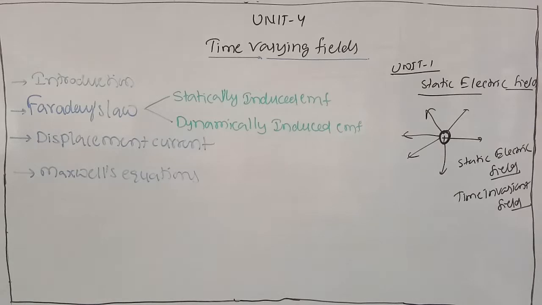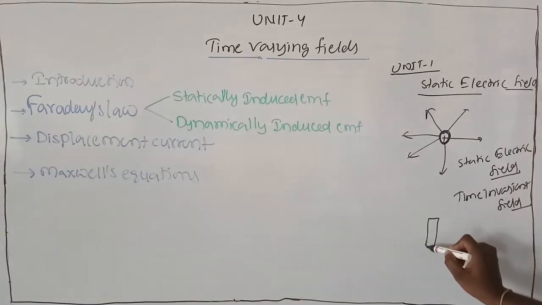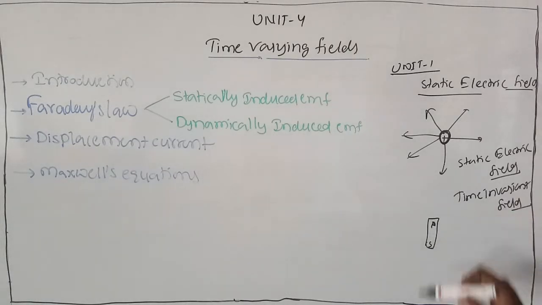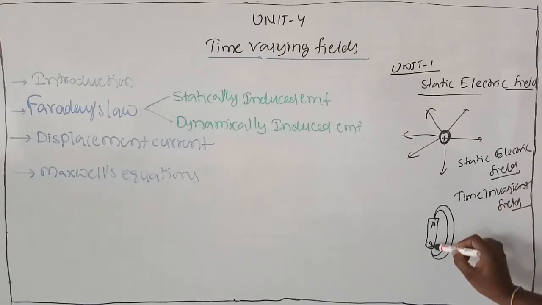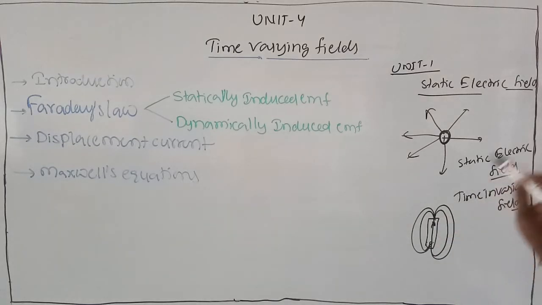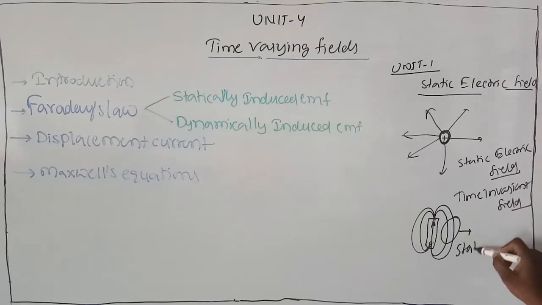Similarly, in magnetostatics, if you take a permanent magnet like this, it is also called a magnetic charge. By the properties of magnetic field lines, they complete their path from north to south pole outside the magnet, and inside from south to north. This field is also not varying with respect to time, so it is called a static magnetic field.